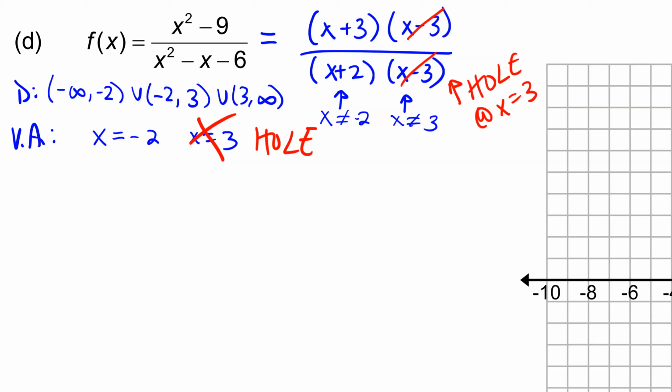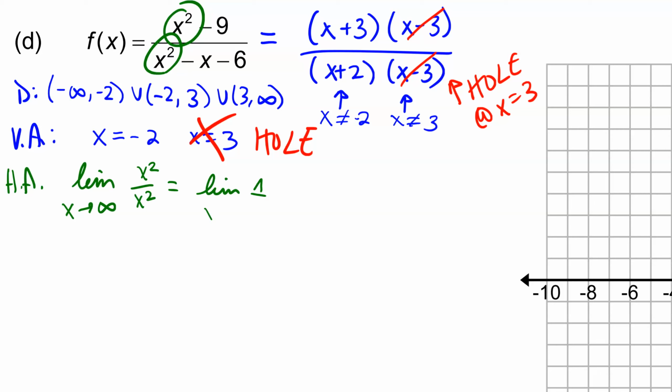Factor first. Cancel out anything. You have to do that first. Okay, we only have one vertical asymptote. Let's go ahead and do the horizontal. Horizontal asymptote. Wait, never mind.